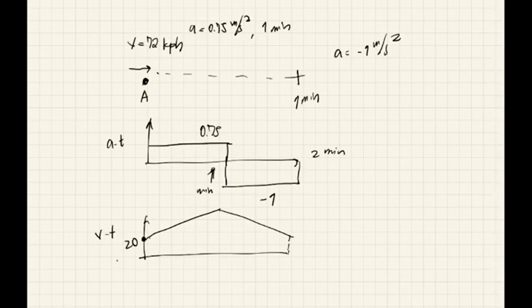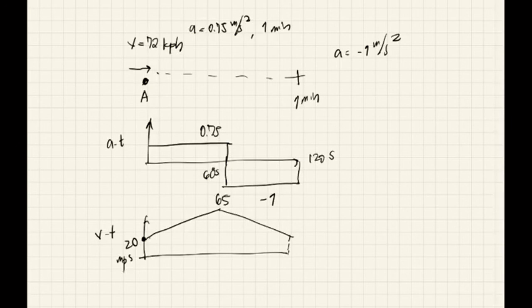Kailangan yung units natin consistent. Okay, so, 60 seconds, tapos 120 seconds. Ang area natin sa taas, 0.75 times 60. I-add natin sa 20. So, ibig sabihin, ang kanyang velocity after 1 minute is 65 meters per second.